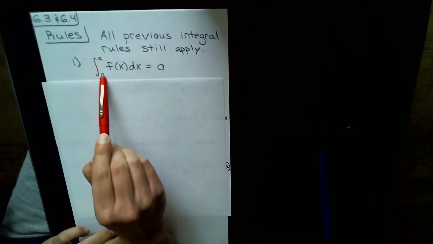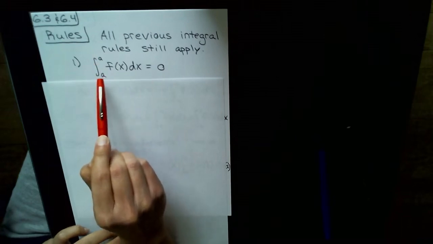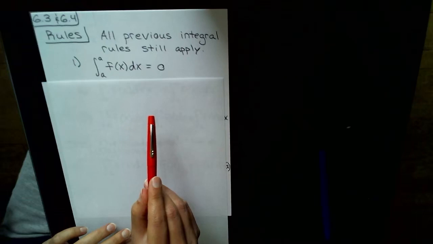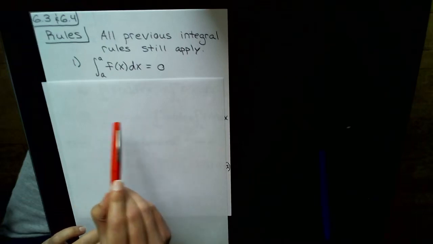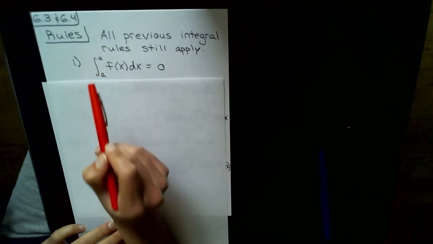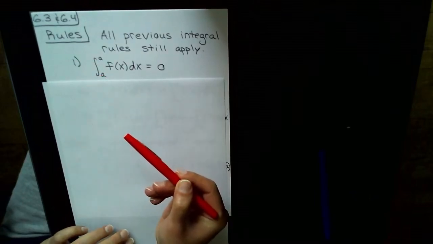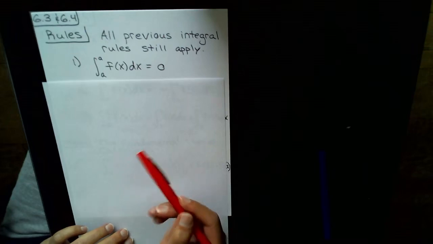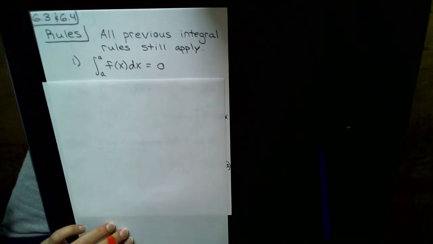What does it mean for the limits of integration to be the same? It means your rectangles, when you're adding them all up, have a width of a minus a, which is 0. So what's the area of a rectangle that has a side of 0? 0.